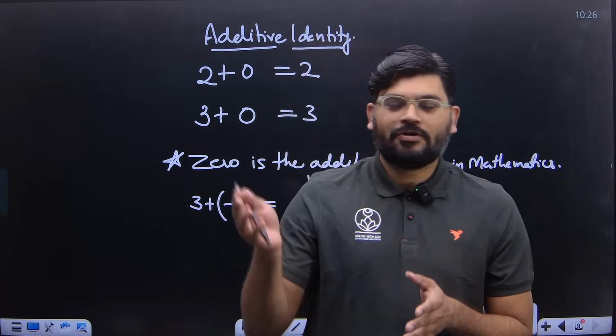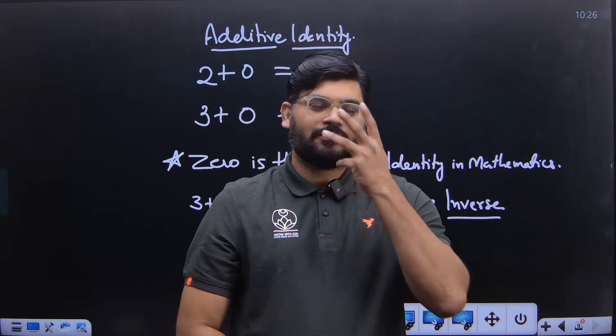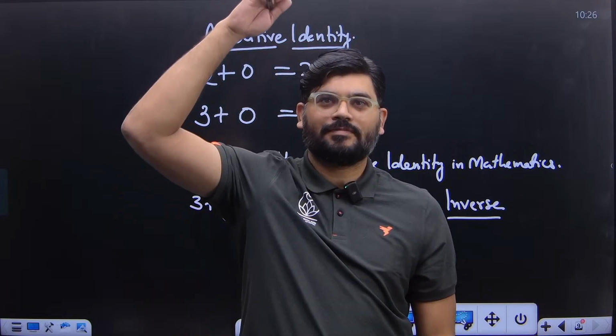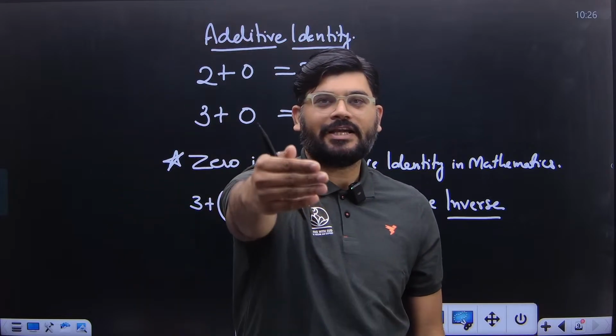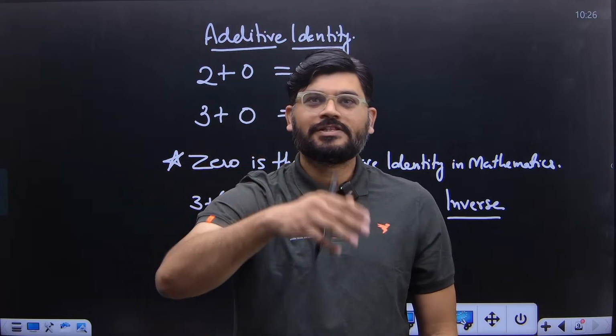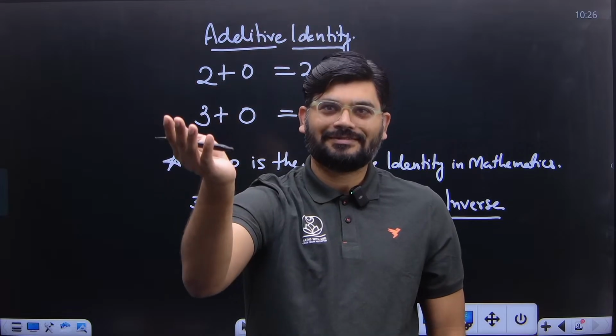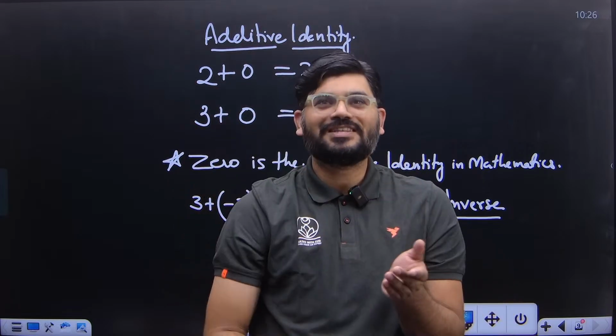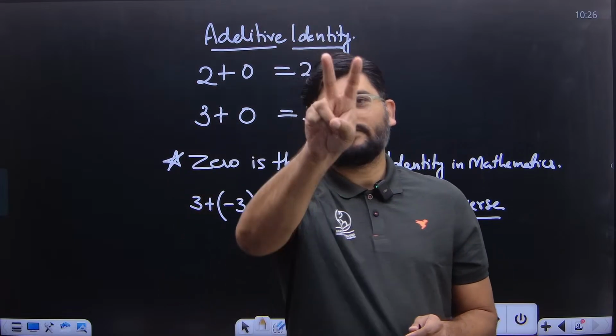Suppose your neck is down, your face is down, your legs are up, and somebody is standing in front of you. You will say that he is lying opposite. It is a vertical inverse. So there are two inverses.